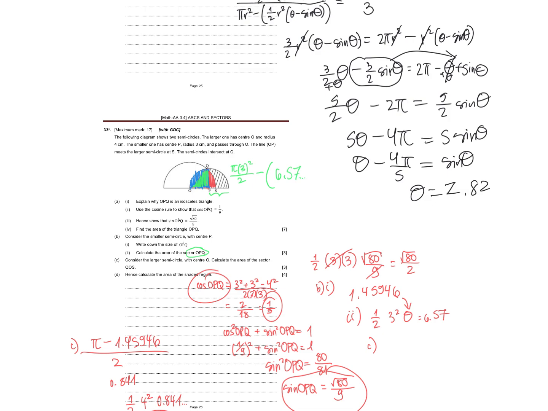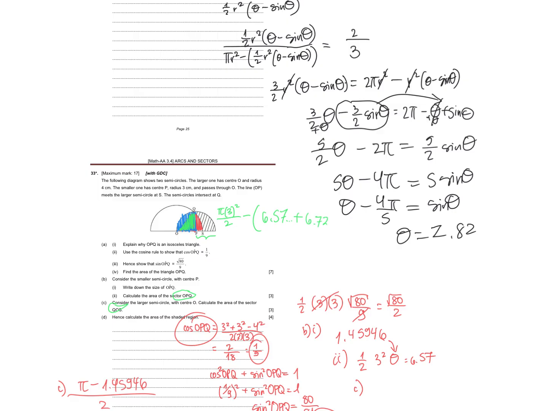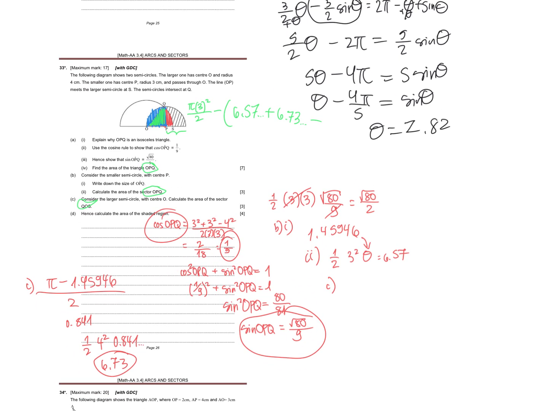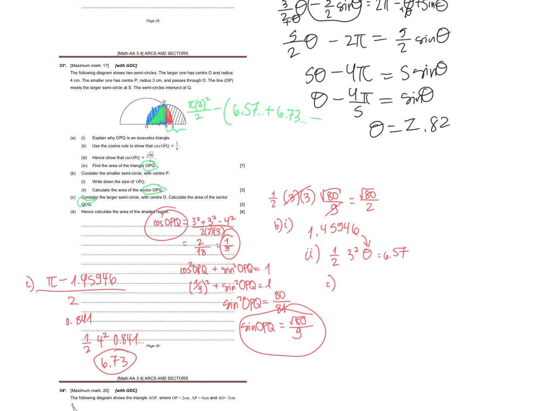Okay, and we're going to add the area of the red sector, which was QOS in C, which was 6.73. And then we're going to subtract the area of the triangle OPQ, which was in 4. Of course, I did not label this, but I think it's root 80 over 2. So this should give us the right answer, and that gives 5.31.